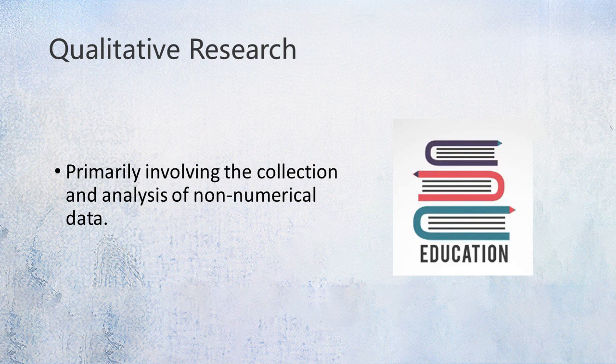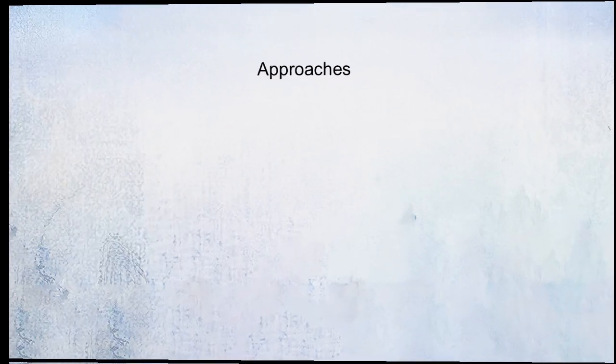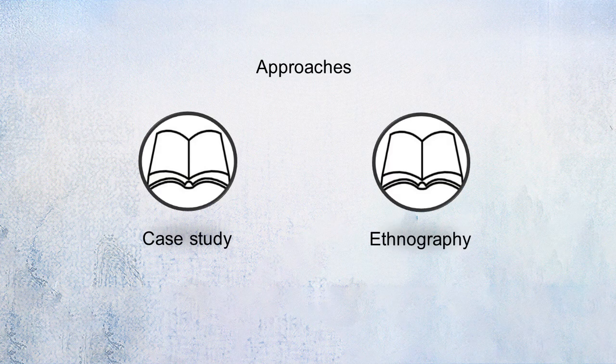Qualitative research approaches are often interpretive, focused heavily on the researcher's interpretation, with little or no regard for numerical measurement of the phenomenon under study. The most common qualitative research approaches are case study and ethnography.